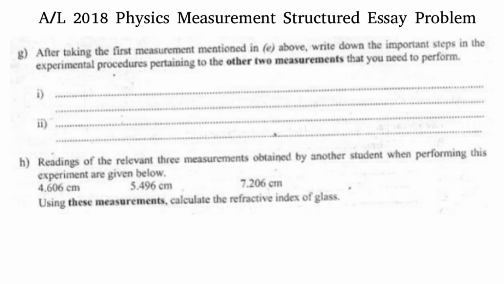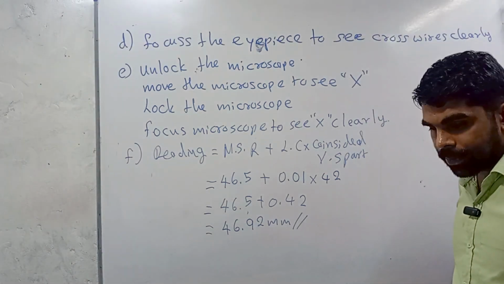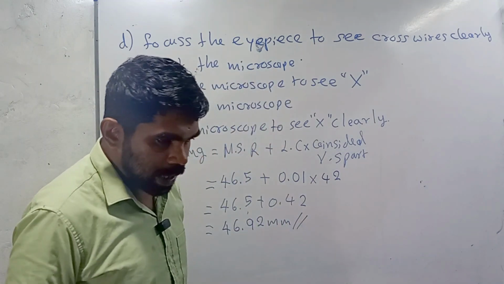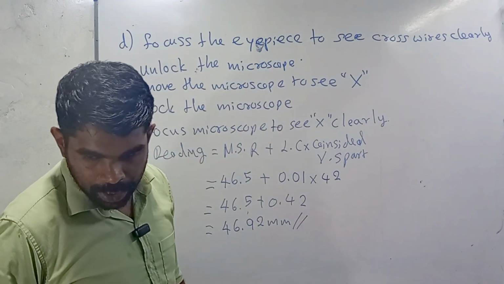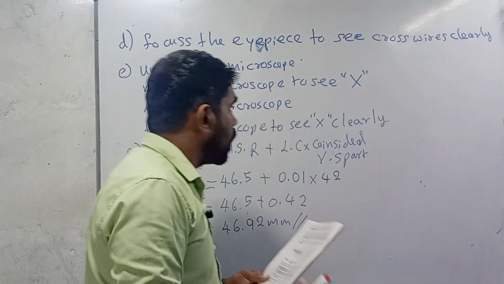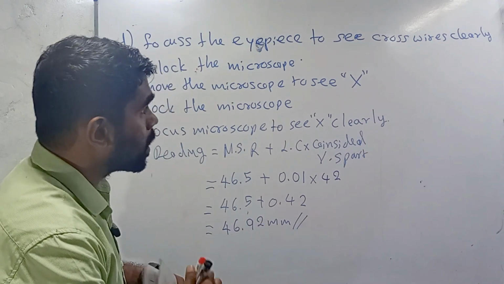Part G. After taking the measurement mentioned in part E above, write down the important steps in the experimental procedure to obtain the other two measurements that you need to perform. Now we have to find the refractive index of the glass block. I will explain how to obtain it, but it is not in the measuring instruments lesson. It is related to the optics lesson.